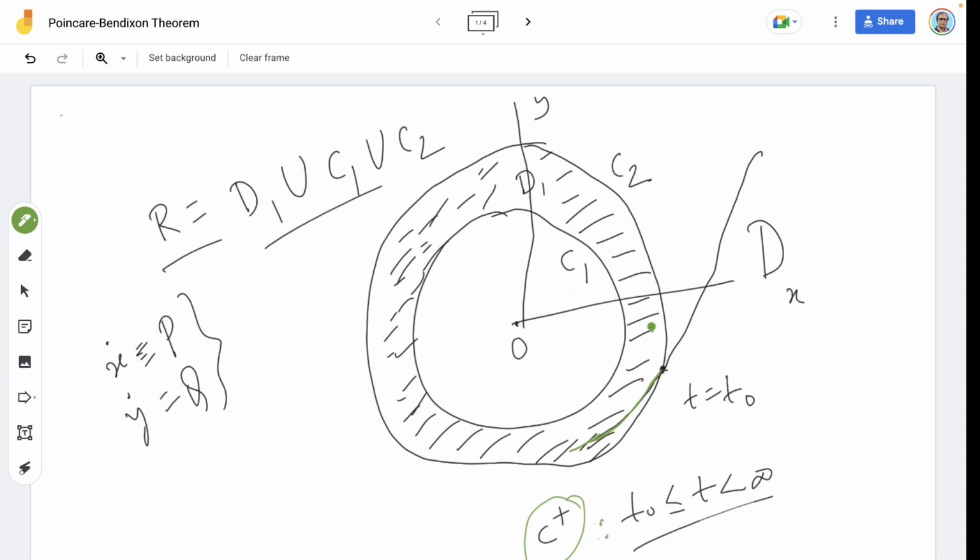And this other portion is C minus, for minus infinity less than t less than t0. From this point t0, we have this portion.